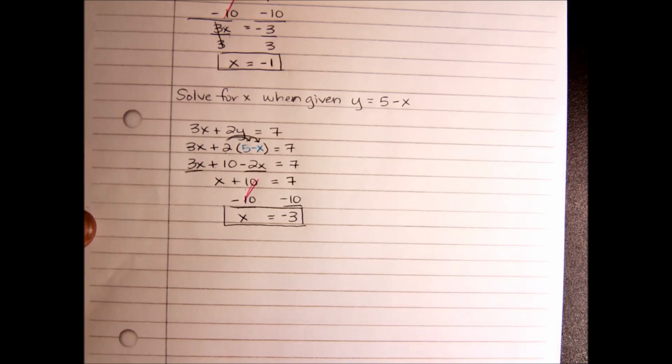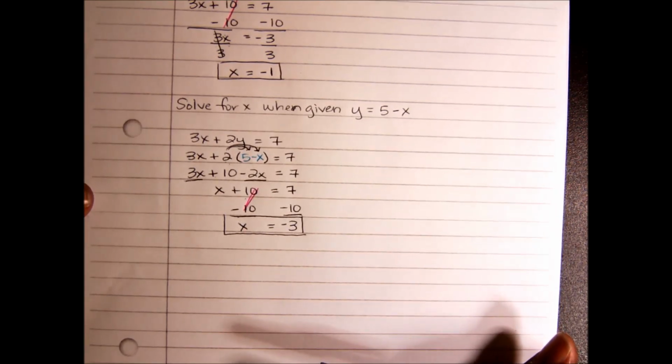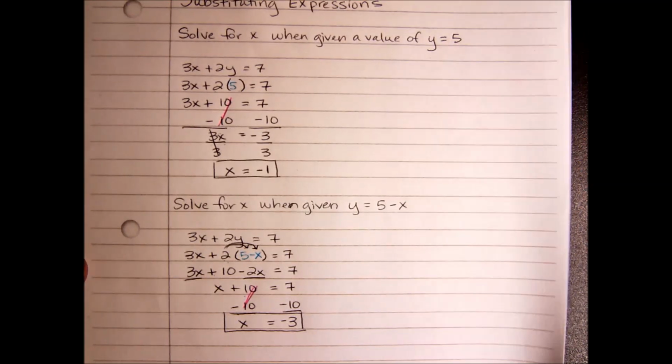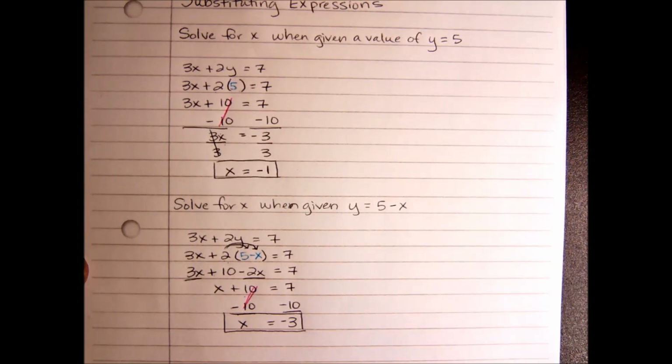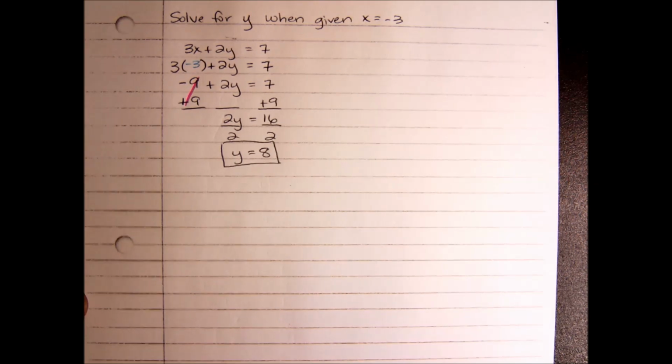Now, let's try the same thing because it works the same if we try substituting expressions, but we're going to solve for y this time. So take a look here. Be sure you understand it. Let's try solving for y. Let's go ahead and substitute an expression into the equation.